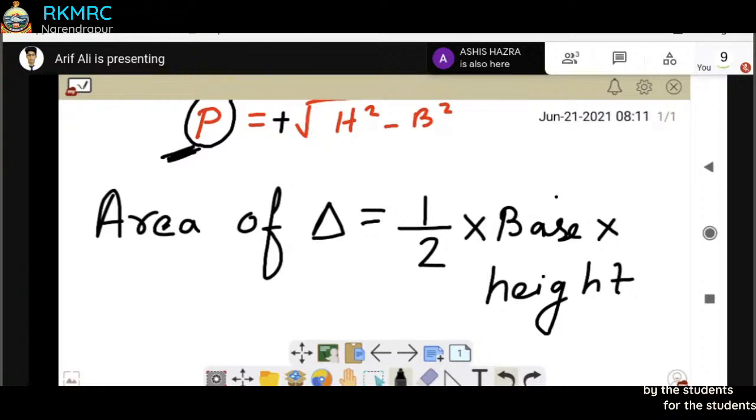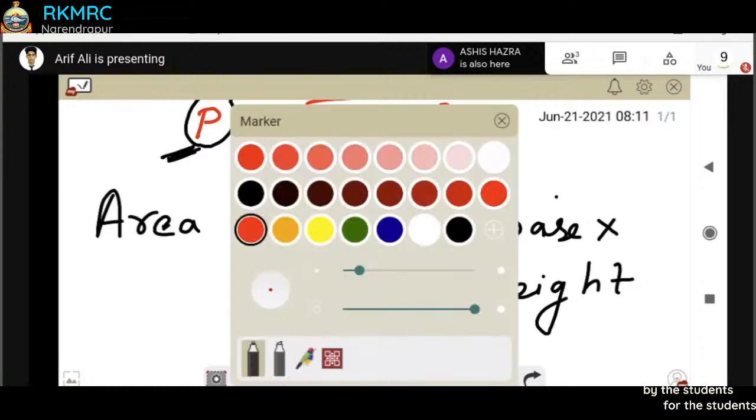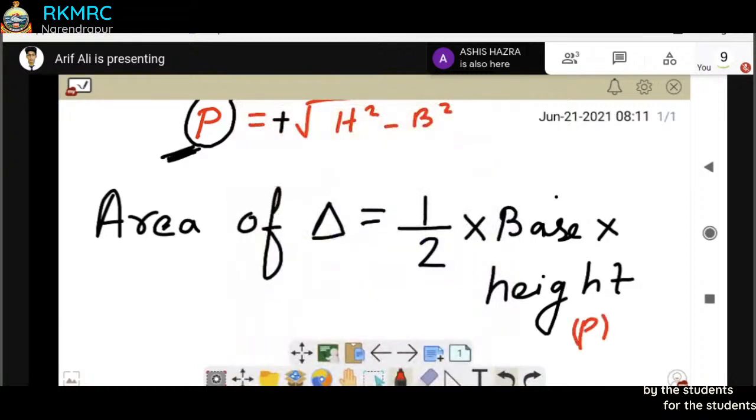So what is your height? Height is your P. You may consider P over here. This is your height. This is your base.